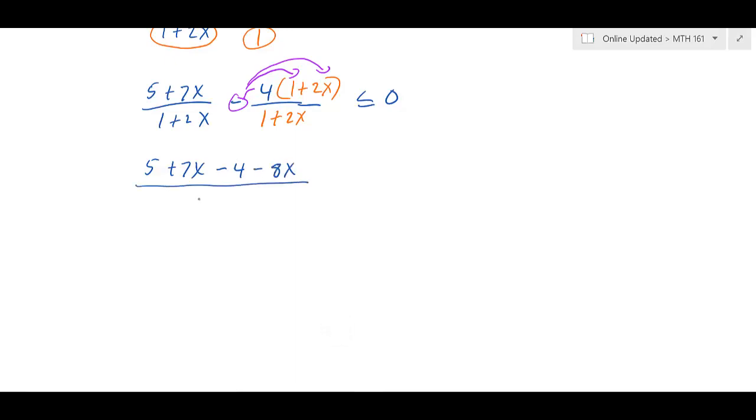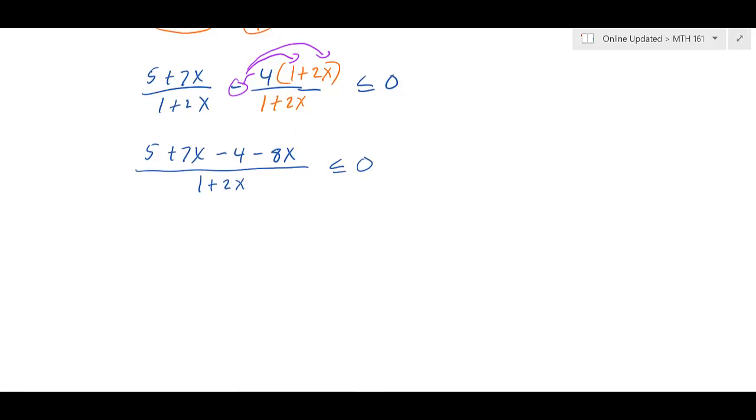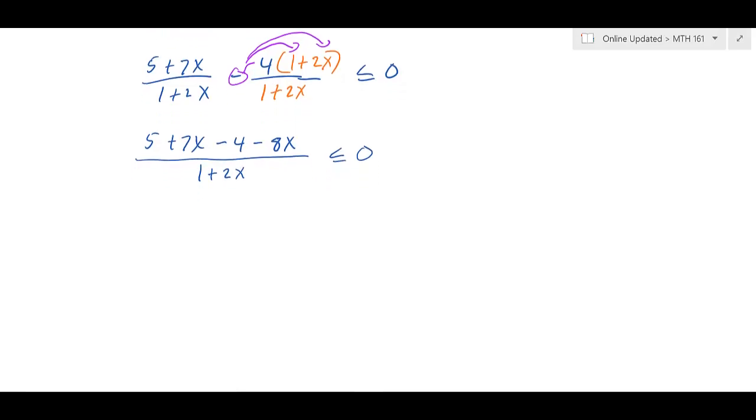And this is all over the common denominator 1 plus 2x. So now we simply need to combine the like terms on top. So we would have 5 plus 7x minus 4 minus 8x. So 7x minus 8x would be negative x. And then 5 minus 4 is plus 1, over 1 plus 2x.